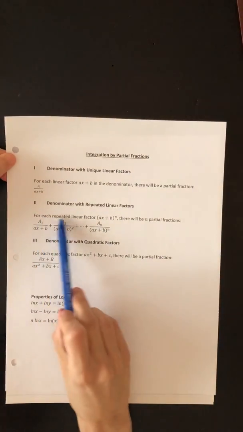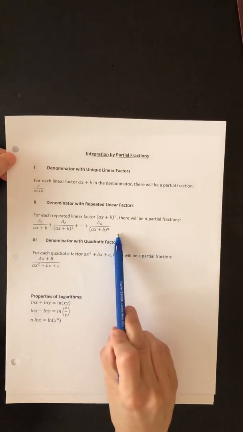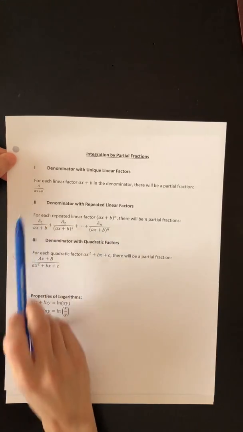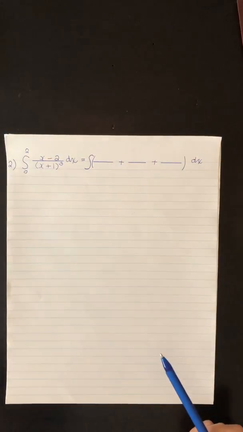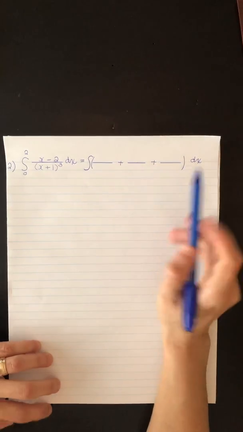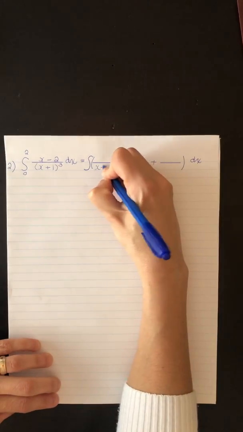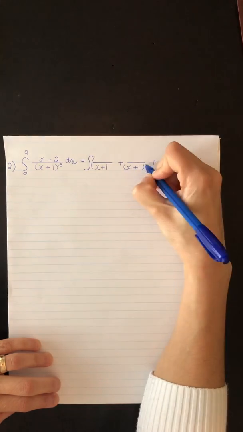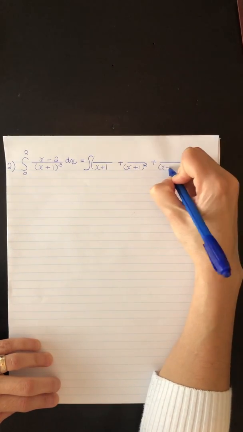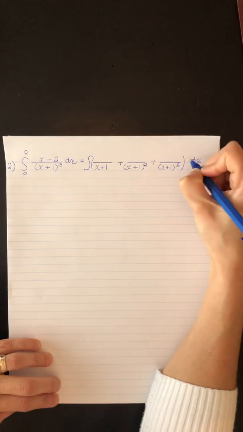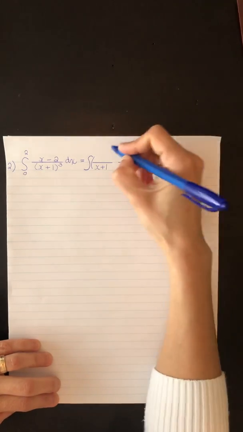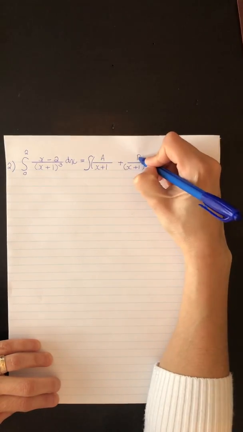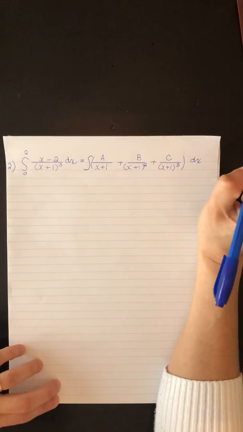So you can read through this description again from case 2. We're going to need 3 fractions, one with a denominator of x plus 1, then x plus 1 squared, followed by x plus 1 all cubed.